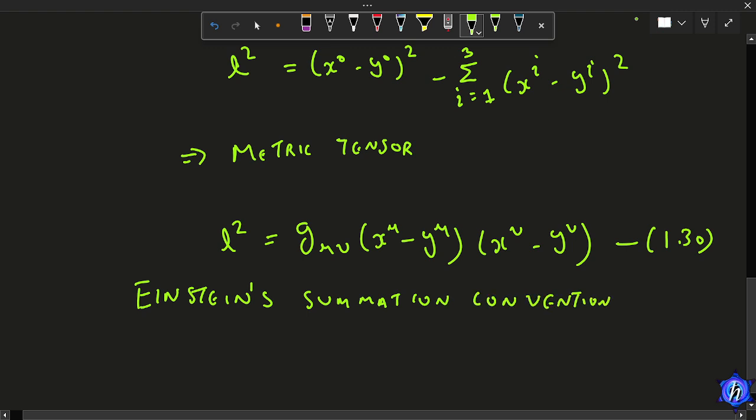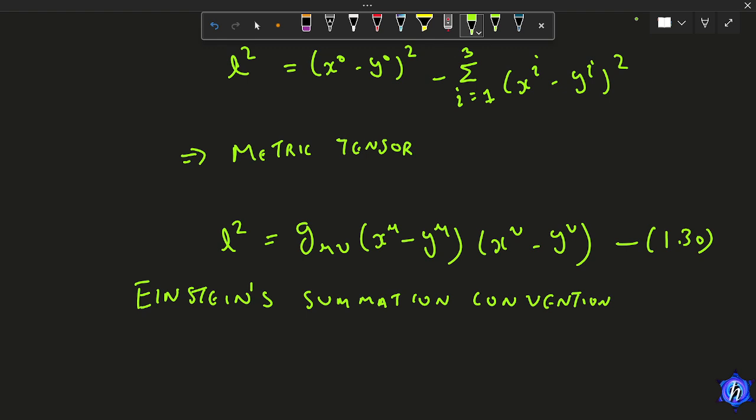It's not that big of a deal. It just says that repeated indices are summed over. You don't need to put the summation sign explicitly; the summation is already implied. It just saves you some writing. That's why Einstein introduced it.